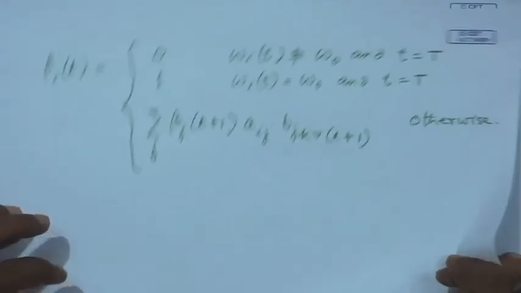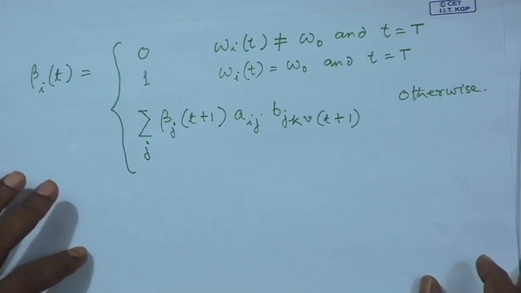Similarly, using the backward algorithm, we have defined beta i t as given by this, and this beta i t tells you what is the probability that the model theta will be in state omega i and will generate the remaining symbols of the sequence of visible symbols V T. That means, what is the probability that it will be in state omega i and will generate the remainder of the visible symbols starting from t plus 1 to capital T. So, these remaining symbols of our visible sequence V T will be generated by this machine, and under that situation what is the probability that the machine will be in state omega i.